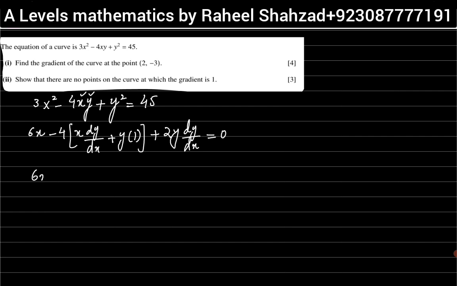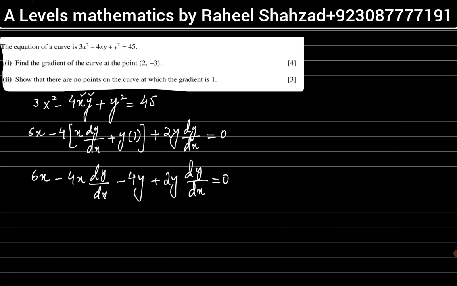Now let's simplify. 6x minus 4x dy by dx minus 4y plus 2y dy by dx, right, is equal to 0.